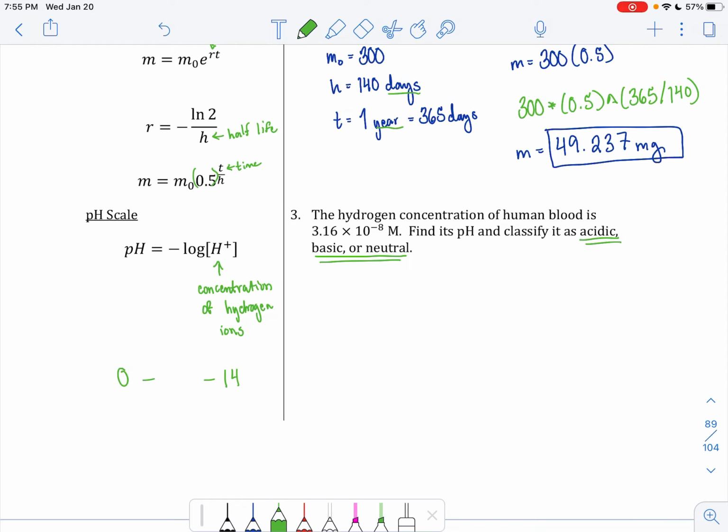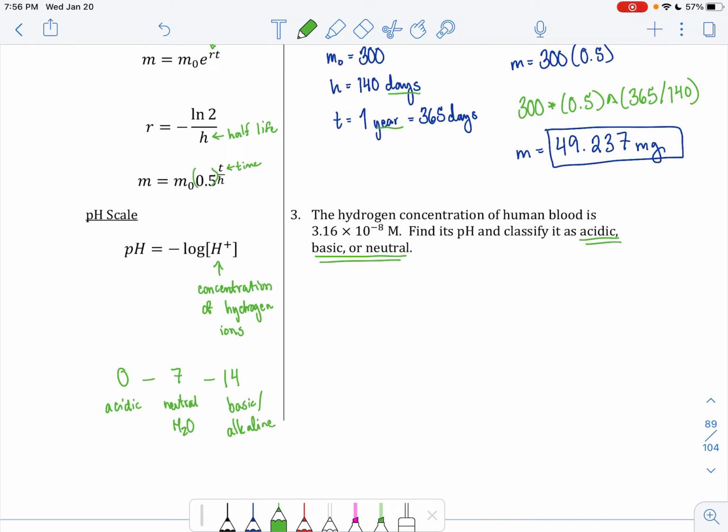where if something has a very low pH, meaning it has a very small number here, what that tells us is that it is very acidic. And 7 in the middle is neutral. And this is famously what water is. And then 14 is called basic, or you might also have seen the word alkaline.